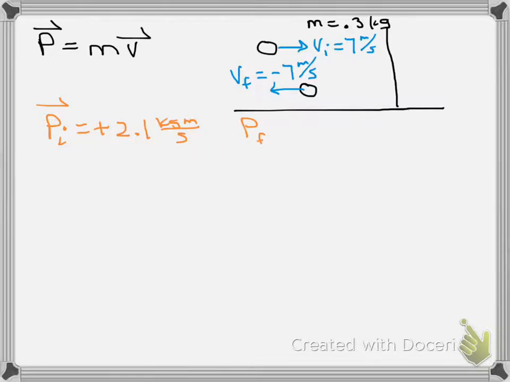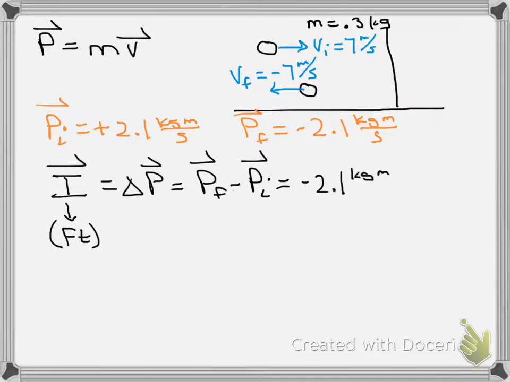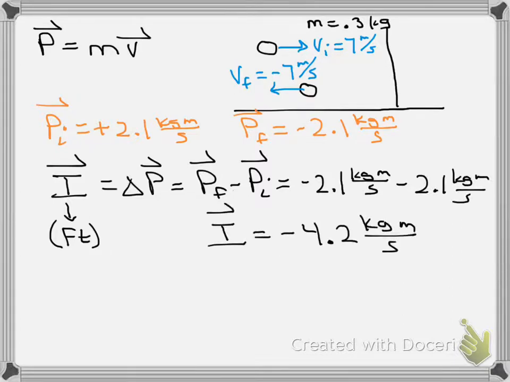So momentum initial is plus 2.1 kilogram meters per second. Momentum final, negative 2.1. So the impulse, which is the change in momentum, is negative 4.2 kilogram meters per second.